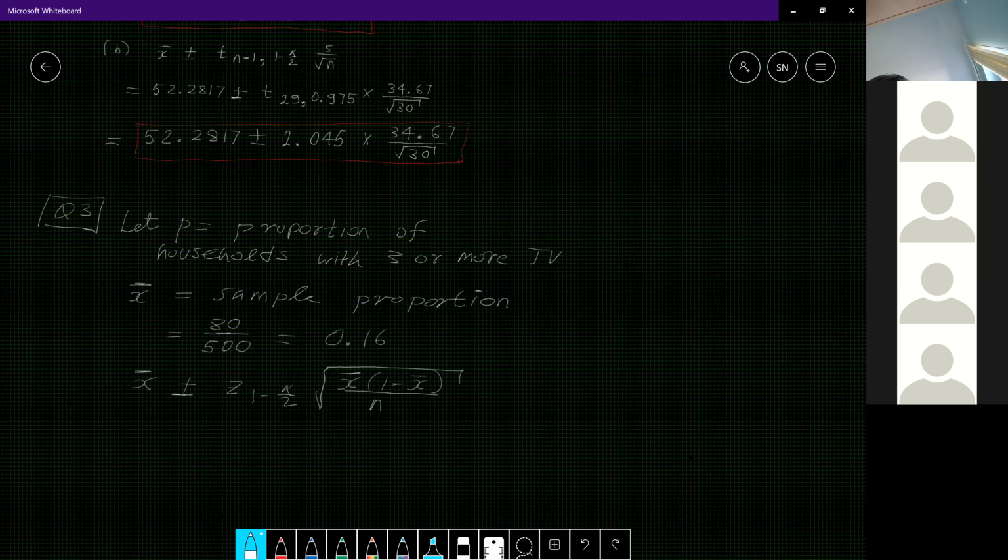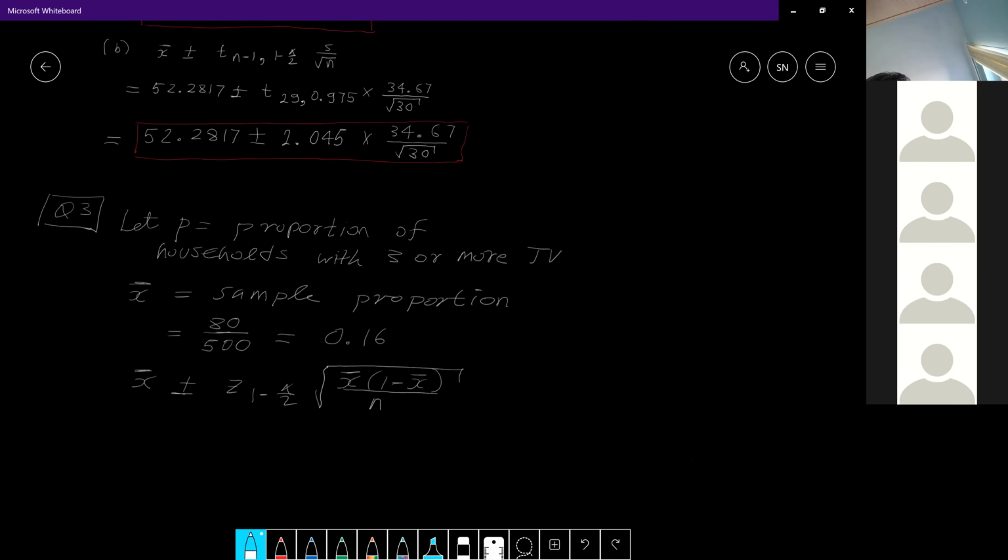Remember, the way to work out alpha is like this: you set this equal to 90% and solve for alpha, so alpha will be 0.1.